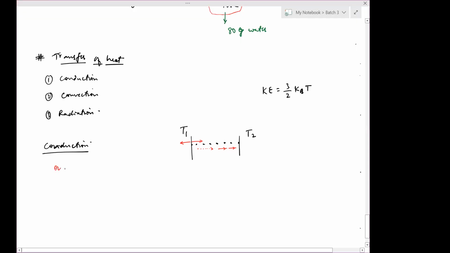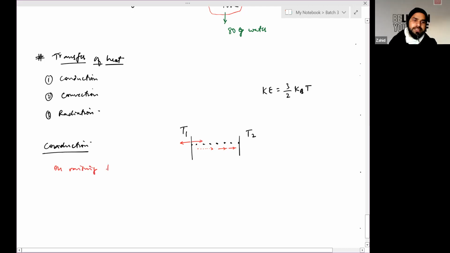So we can say on raising temperature, thermal kinetic energy of particles increases.